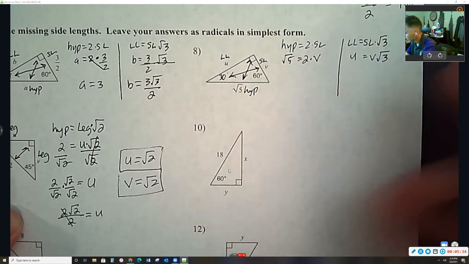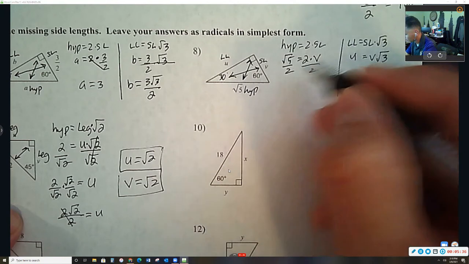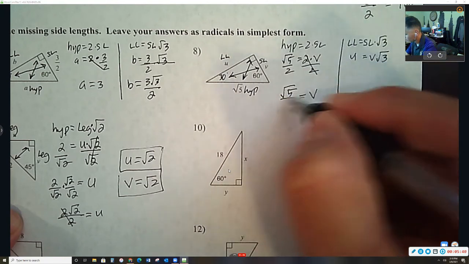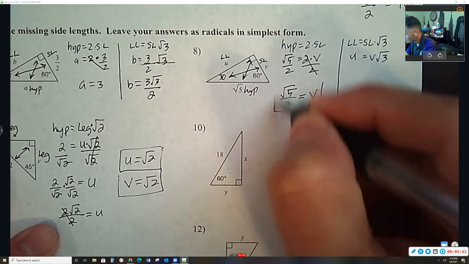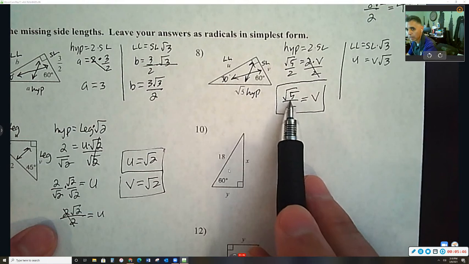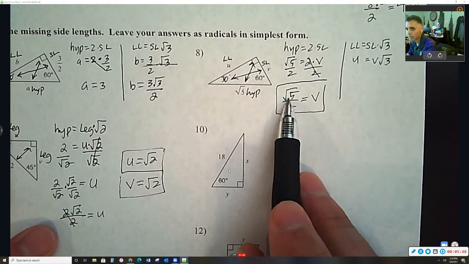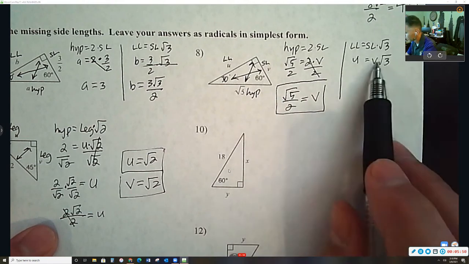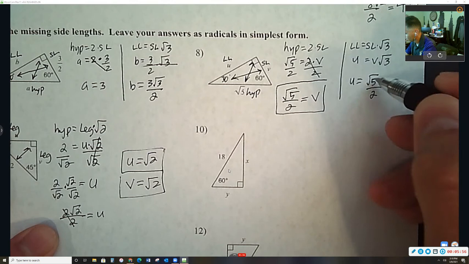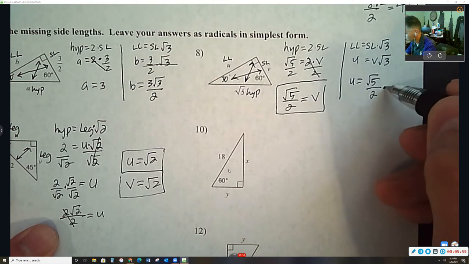Simplify for V here: divided by 2, divided by 2. V equals square root of 5 over 2. I can leave this like this. There are no square roots in the bottom, and you cannot break this down. Take this and plug it in over here. U equals V, which is the square root of 5 over 2, we just figured that out, times the square root of 3.